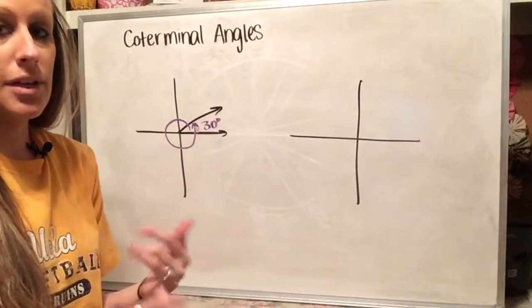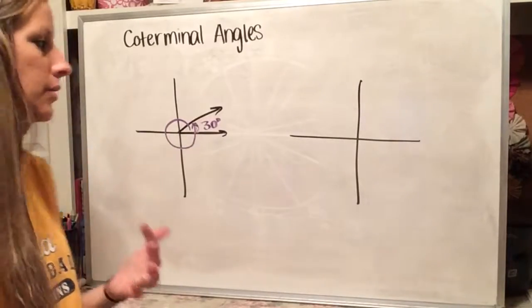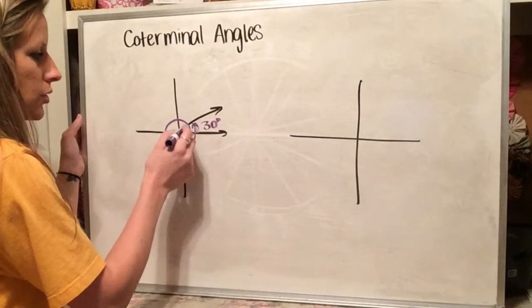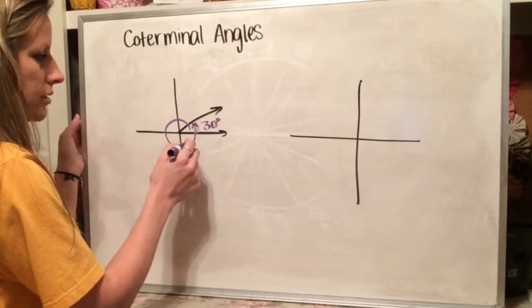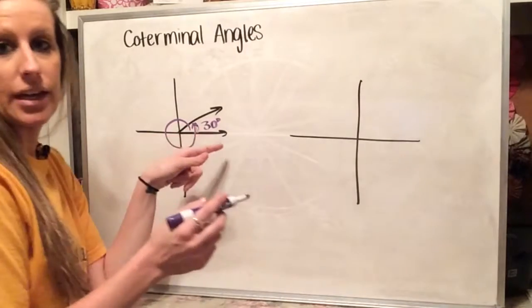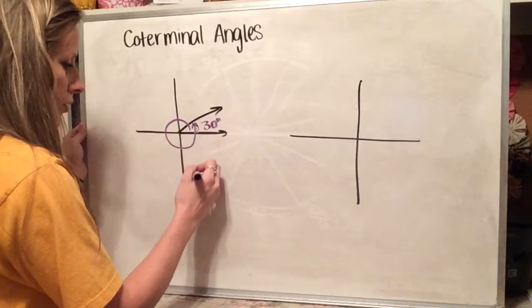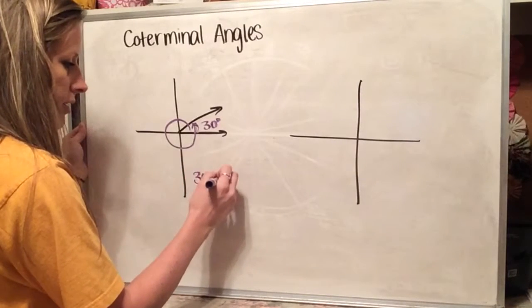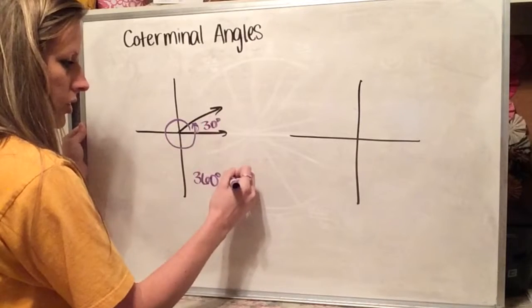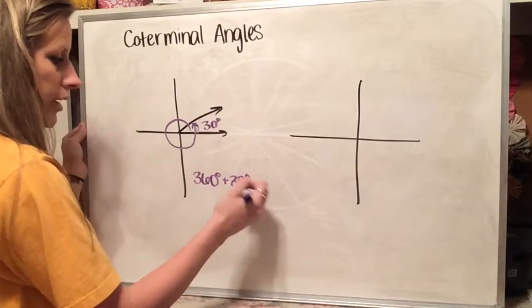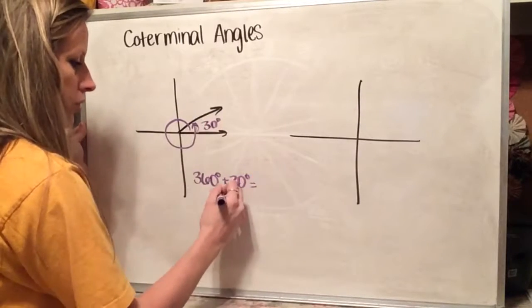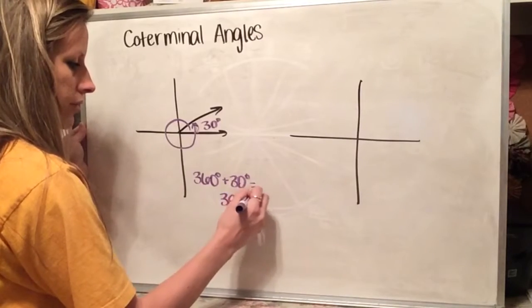Because they're going to have the same initial and terminal sides, right? So I'm going to do 360 degrees plus whatever that angle is. So 360 degrees plus 30 degrees. My coterminal angle would be 390 degrees.